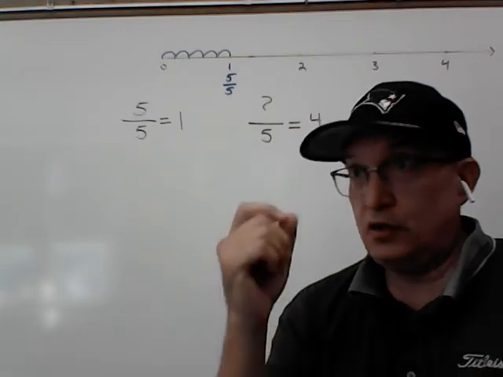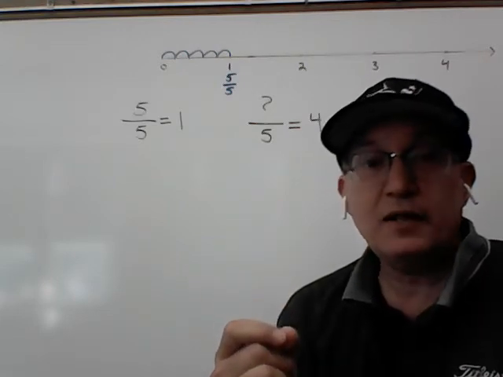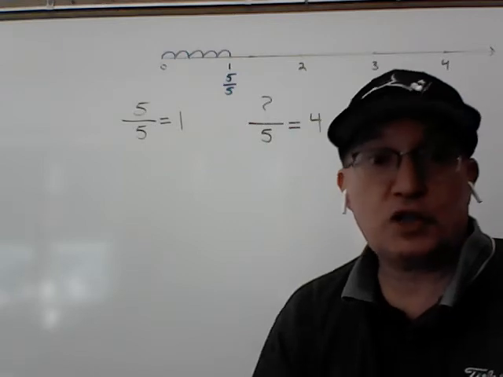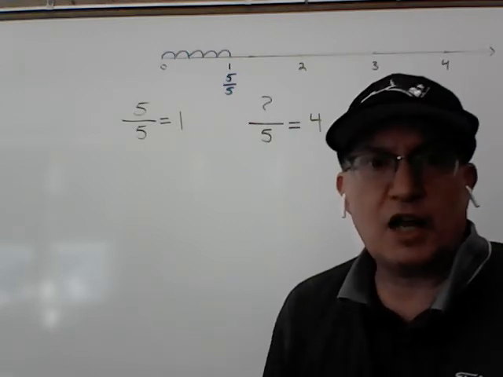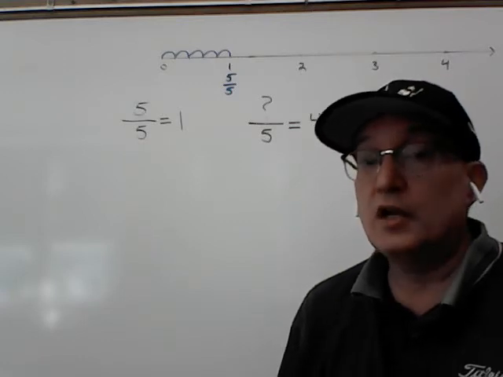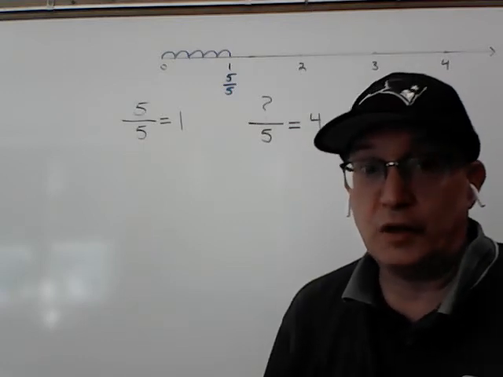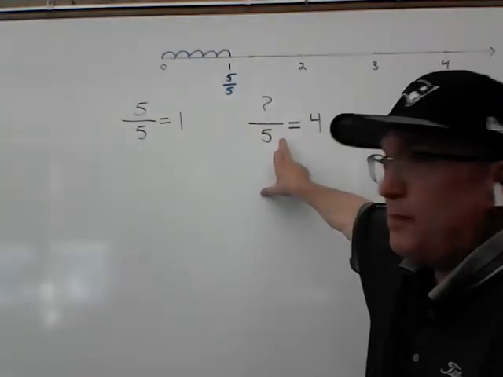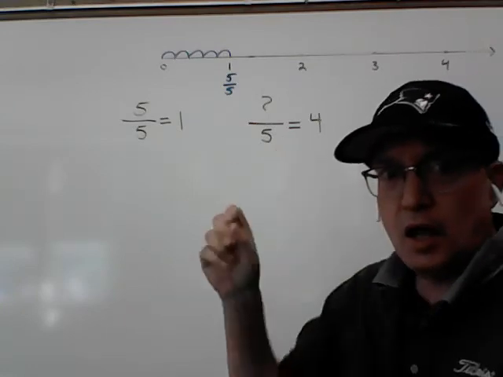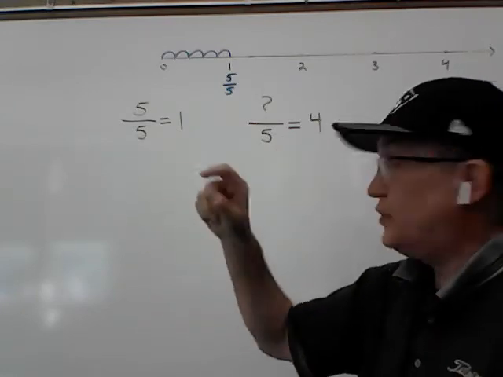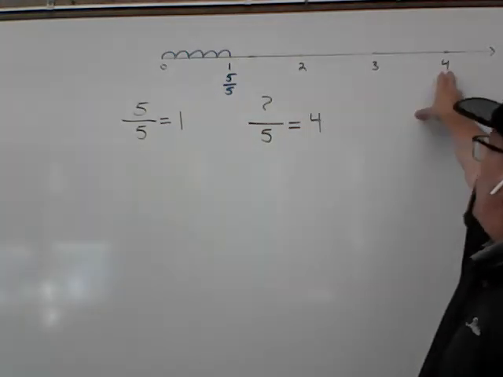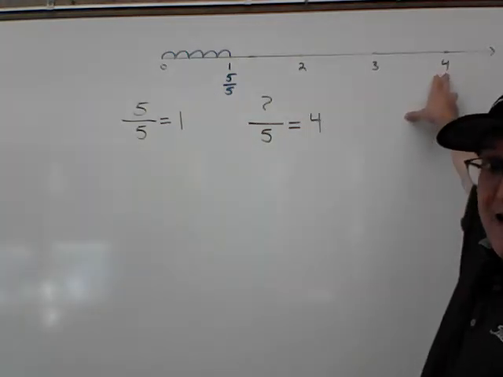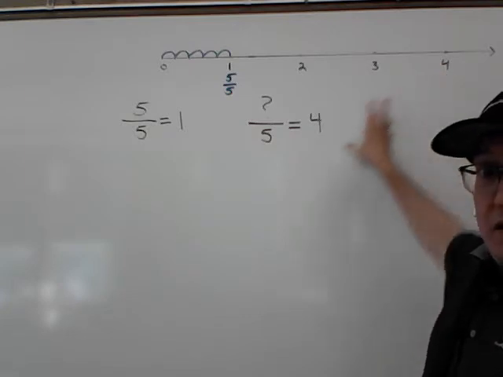Early on, to picture the number line in your mind, or even to sketch one out on a piece of paper as needed, is of course something that I would encourage. But I also encourage the movement toward abstraction. Do you think maybe you can answer this question? Realizing that 5 fifths is the whole number 1, how many fifths would we need altogether to get to the whole number 4?